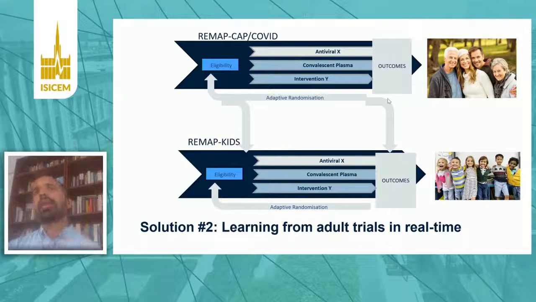What we are working on is a model that integrates the two, so that data that emerges from the adult studies informs pediatric trial design in real time. So if you are examining the same antivirals or the same interventions amongst children, you gain the efficiencies that the REMAP-CAP adult studies has, but magnify that to incorporate the priors that exist from those studies.